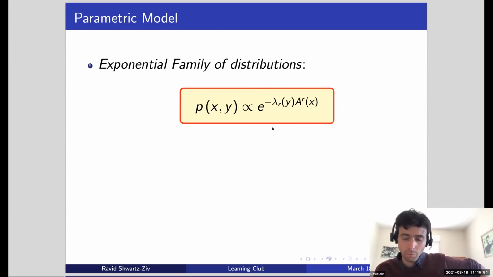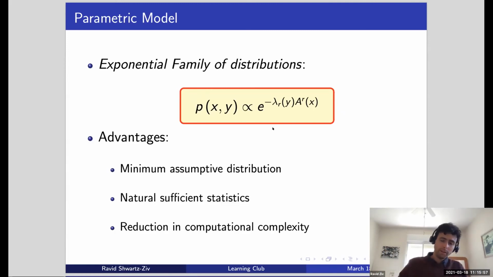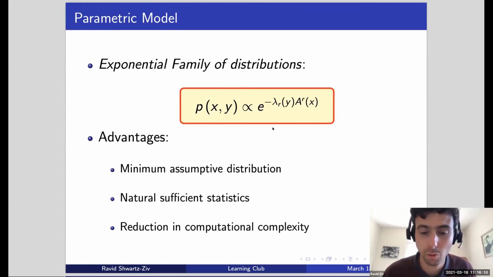Now why use this kind of model? It's the distribution that needs minimum assumptions given the constraints, or maximum entropy given some constraints.